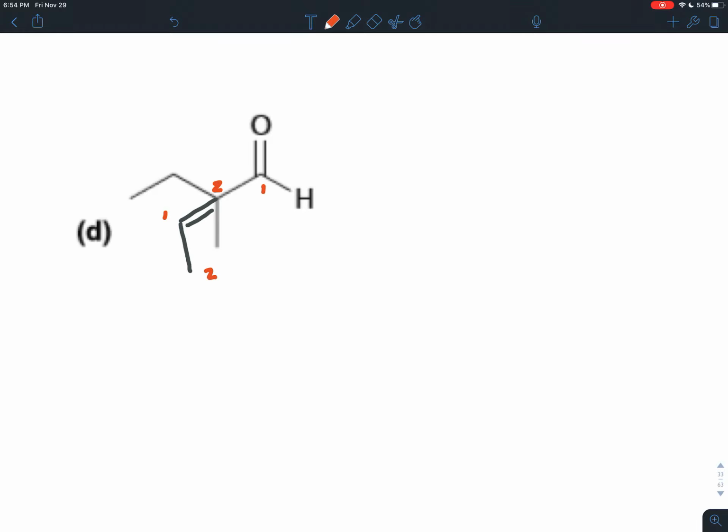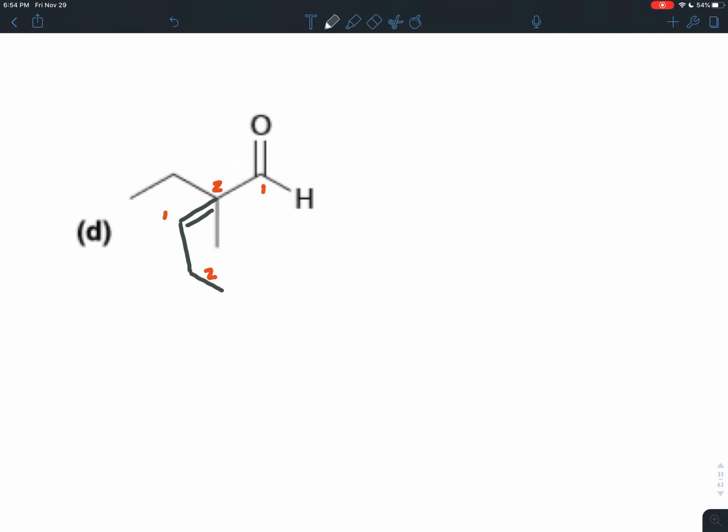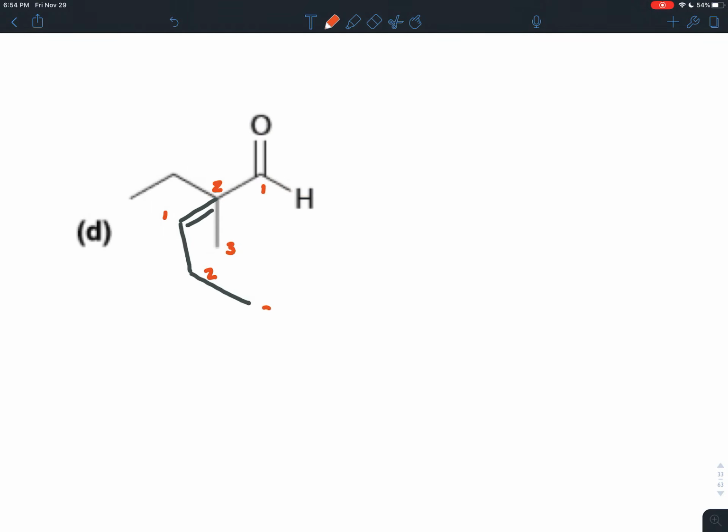On carbon number 2, we have a methyl branch in one direction. So that would be like carbon number 3. And then an ethyl branch in the other direction, off of carbon number 2. So that would be like 4 and 5.